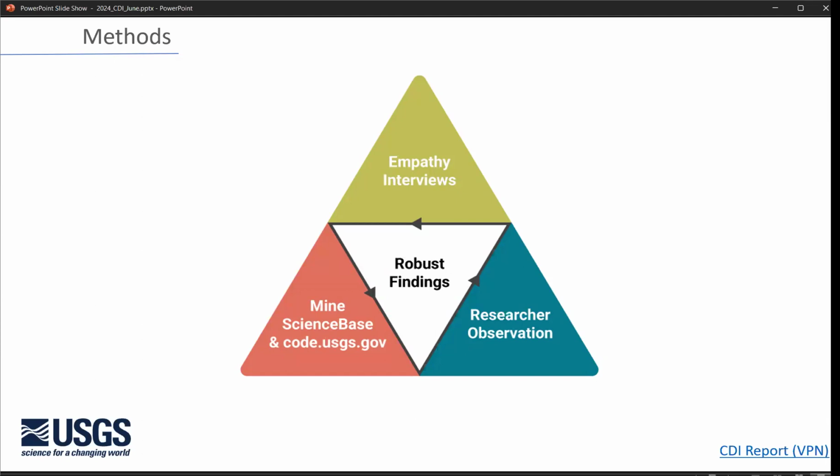Then finally, we randomly selected 200 software repositories from the 508 public software repositories that have been published as official software releases, and mined them for the information we could glean from them. The third method was our own observations, where the researcher in the loop was a part of this. Our own interpretations, both qualitative and quantitative, of what we saw between the empathy interviews and the data we were able to glean formed this triangulated set of outcomes.